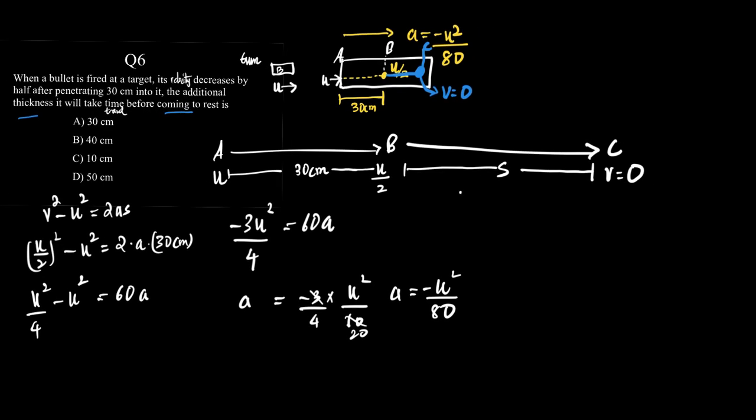And what is the acceleration? The acceleration is minus u square upon 80. Which means if we apply the equation here, v square minus u square is equal to 2as. What is v square? V square is 0. What is u square? U square is u by 2 the whole square.